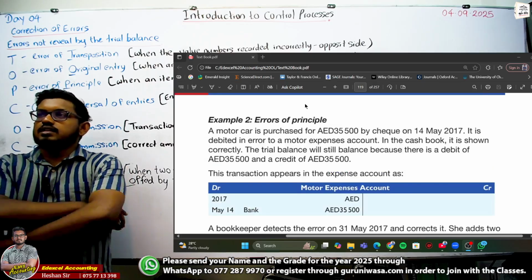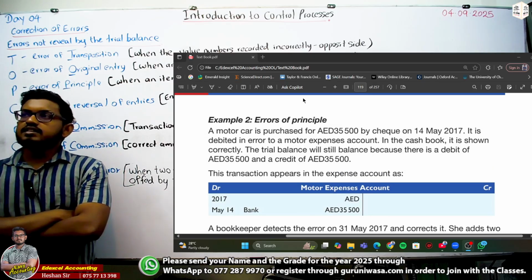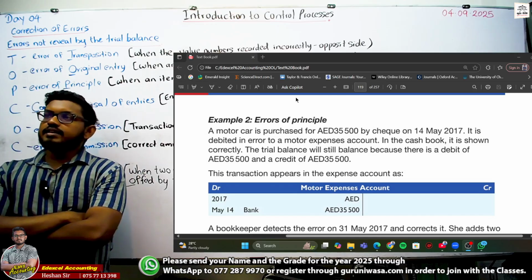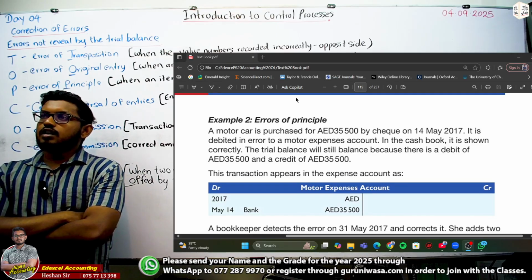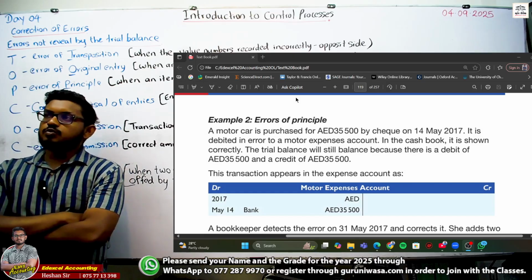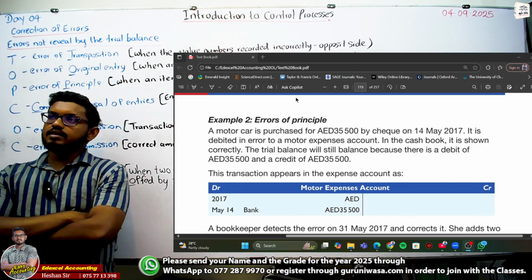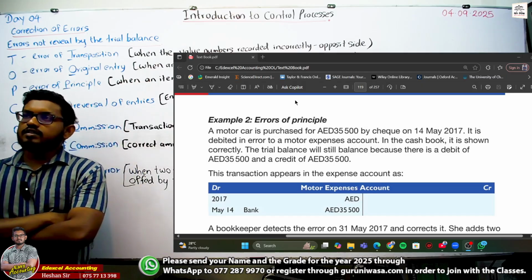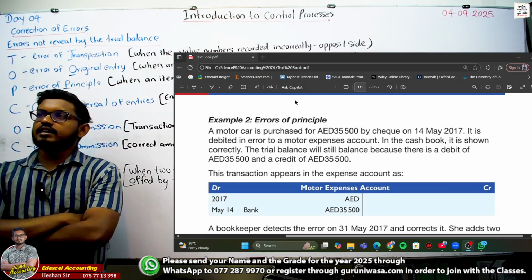Errors of principal. The motor car is purchased for 35,500 by check. It is debited in error to a motor expense account. In the cash book, it is shown correctly. The trial balance will still balance because there's a debit 35,500, credit 35,500.